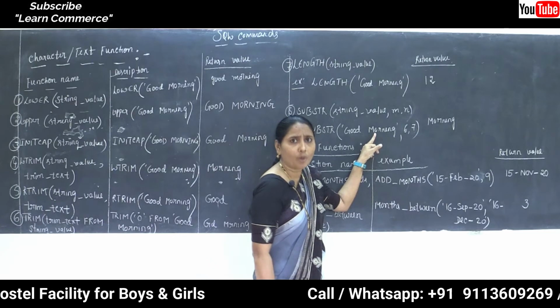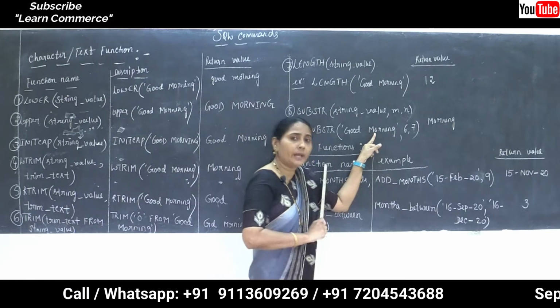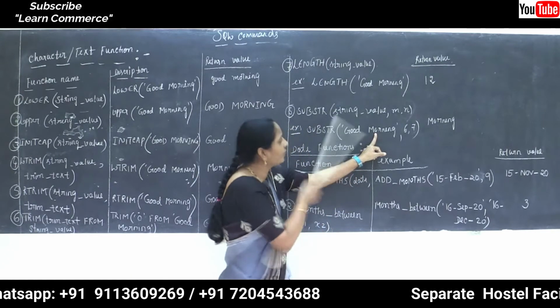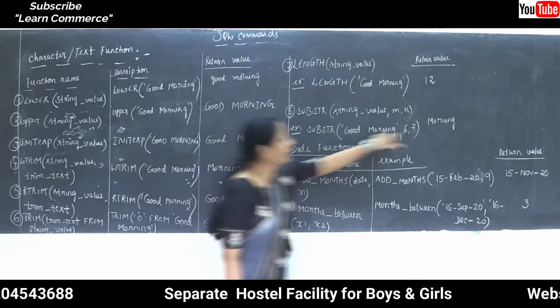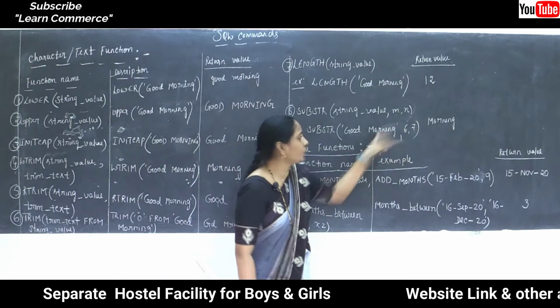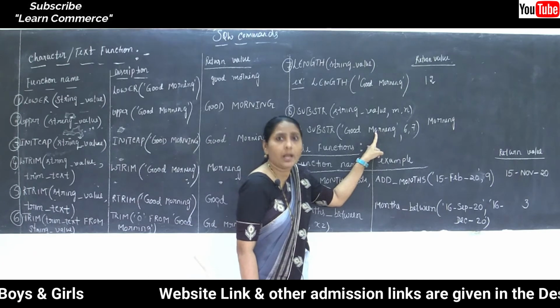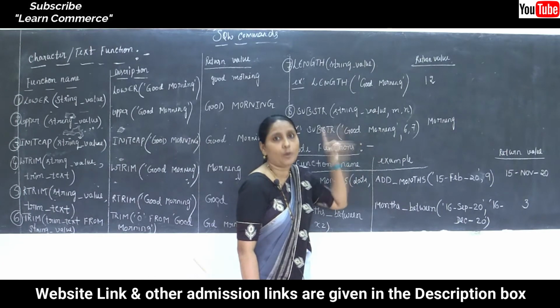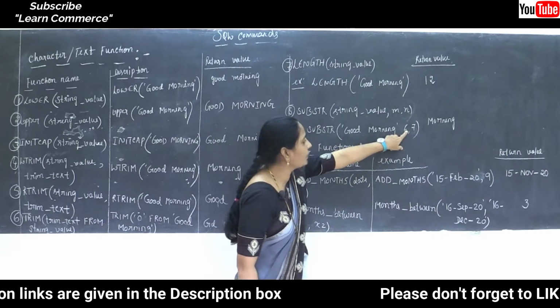The string value is good morning, and it returns n characters. The n value is 7, so it returns the value morning, starting from the m position. The m value is 6.